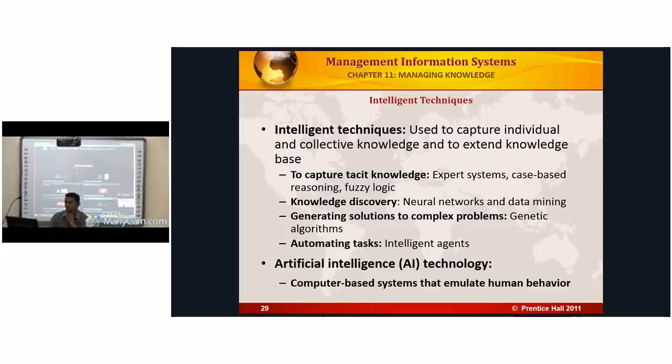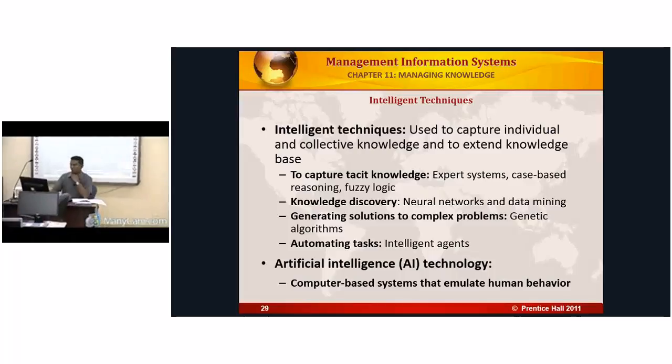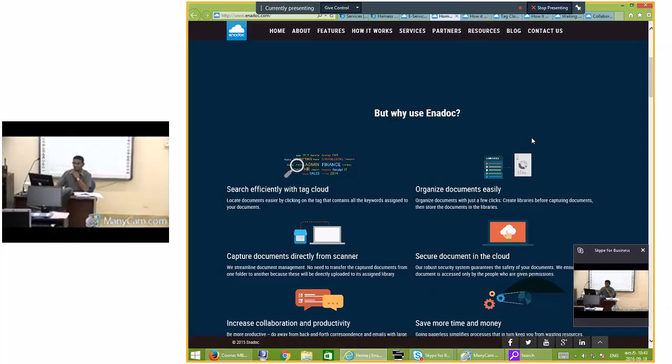An application of a document management system. So, a practical scenario.